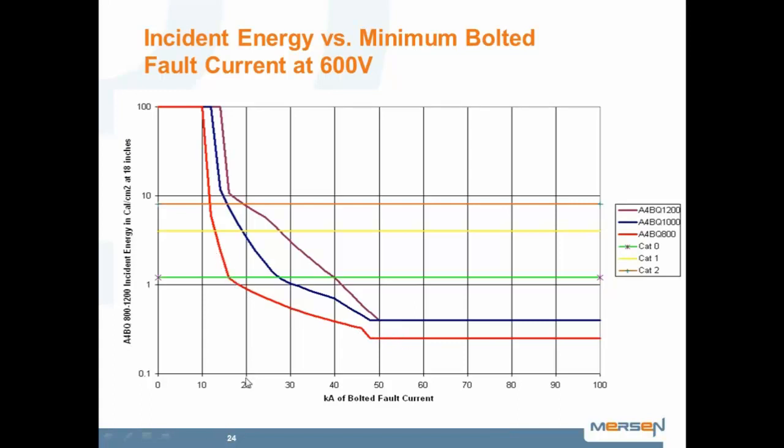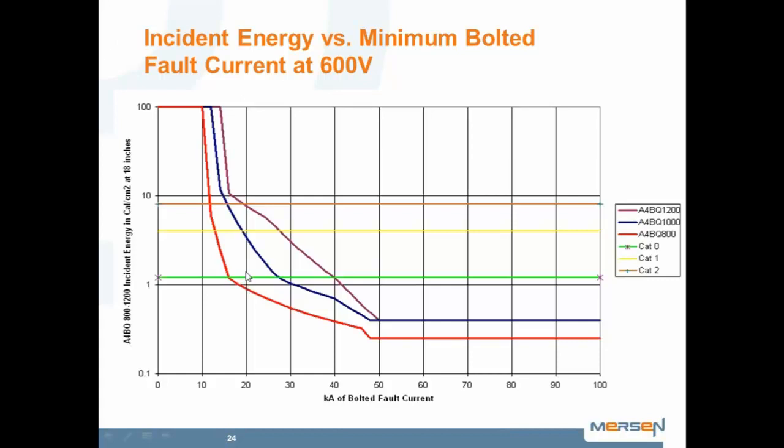So if we have 20,000 amps available fault current, the actual arc flash will create enough current going through the fuse to bump it into the current limitation mode, and it will be hazard category 0 downstream of this fuse. And the transition is between 15 and 20, but it's 600 volts, and 480 volts, 208 volts are different.